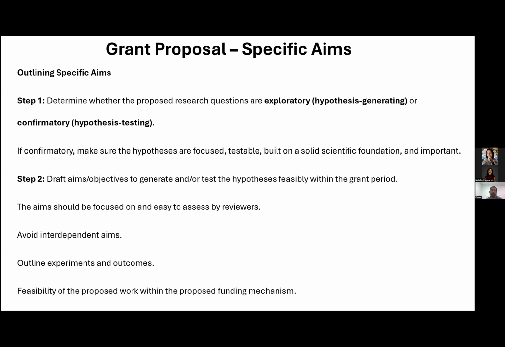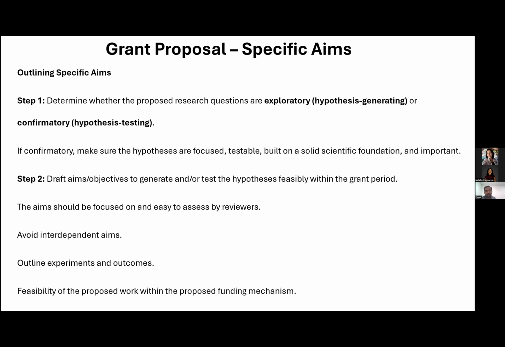Just put forward your hypothesis. Based on your hypothesis, you can come up with 2 or 3 specific aims, maybe even 4. Fundamentally, 2 to 3 on average; 3 specific aims would be ideal for a proposal.